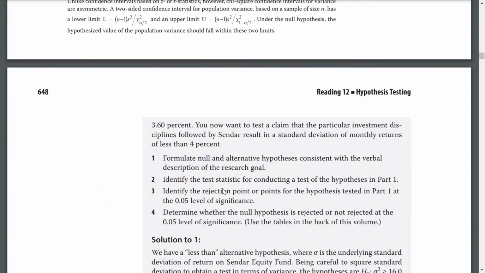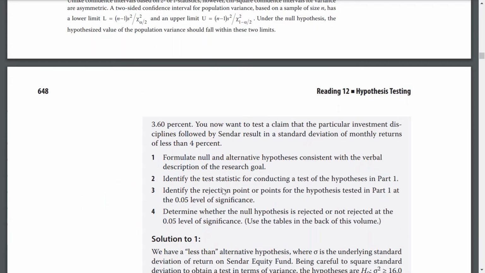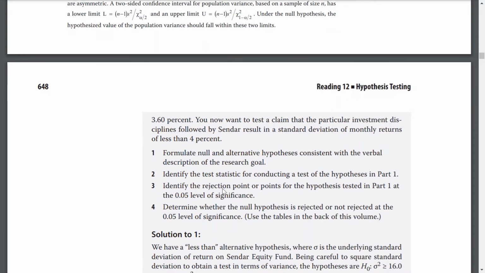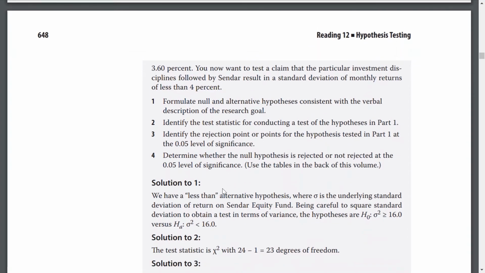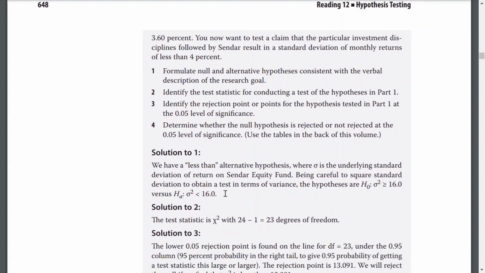Now you want to test a claim that the particular investment discipline follows, results in a standard deviation of monthly returns of less than 4%. 1, formulate the null and alternative hypotheses consisting of the verbal descriptions of the research goal. 2, identify the test statistic for conducting a test of the hypotheses in part 1. 3, identify the rejection point or points for the hypothesis tested in part 1 at the 0.05 level of significance. 4, determine whether the null hypothesis is rejected or not rejected at the 0.05 level of significance.